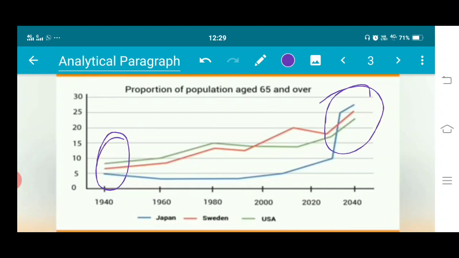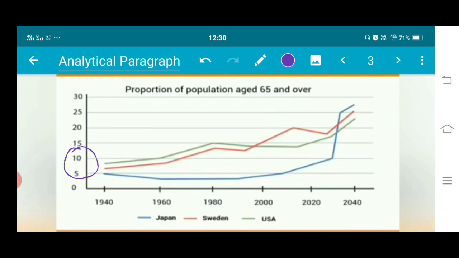Here you can see the line is given between 5 to 10, meaning the population rate, which is in percentage, we have to write down. The blue line is for Japan, and that is near about 5 or 6 somewhere. We are not sure, but it is probably between 5 to 10, so we may take 5 or 6.